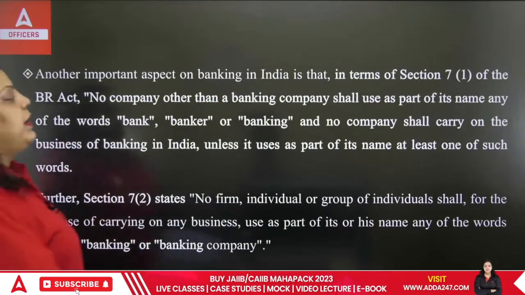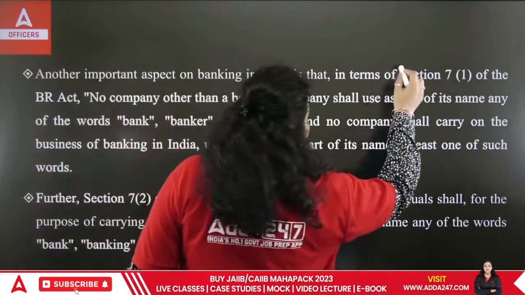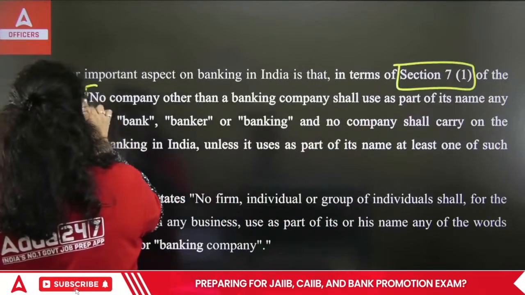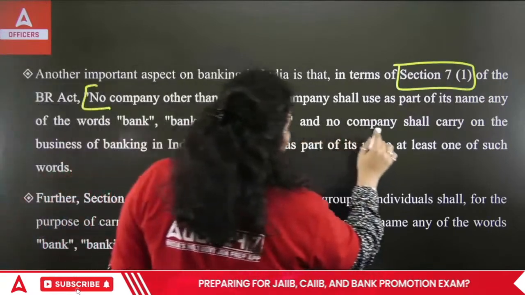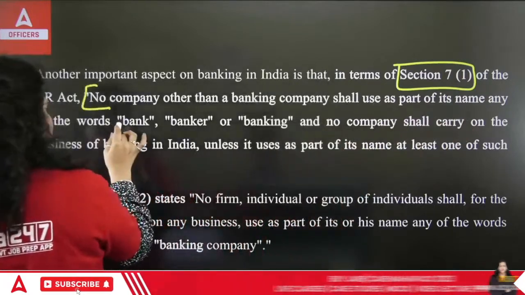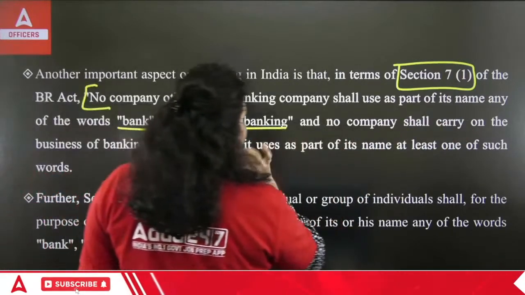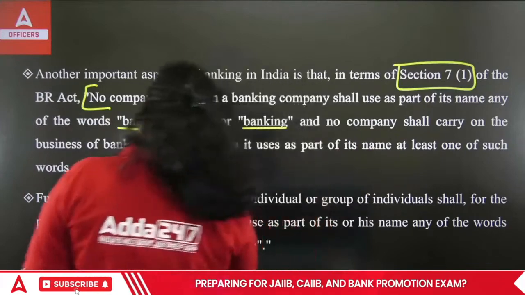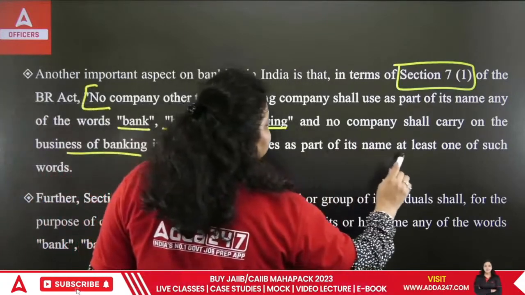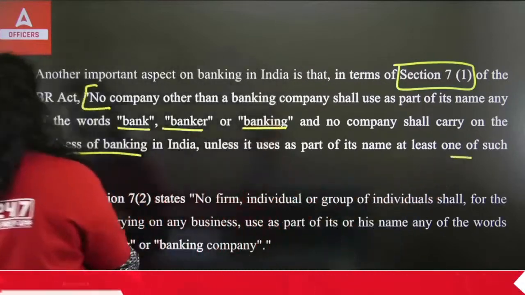Another important aspect of banking in India is that under section 7(1) of the Banking Regulation Act, no company other than a banking company shall use as part of its name any of the words bank, banker or banking, and no company shall carry on the business of banking in India unless it uses as part of its name at least one of such words.